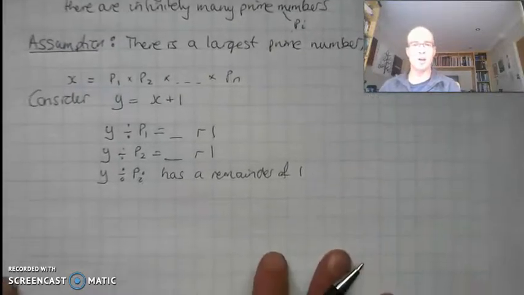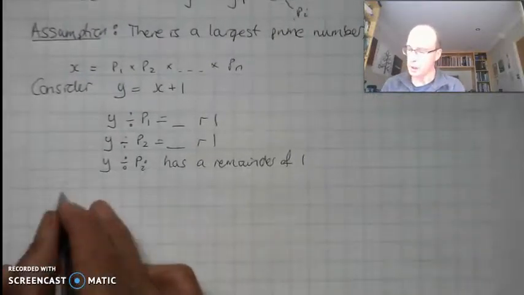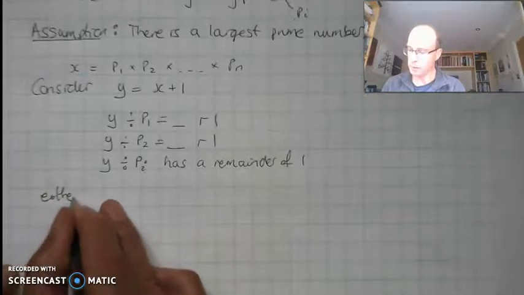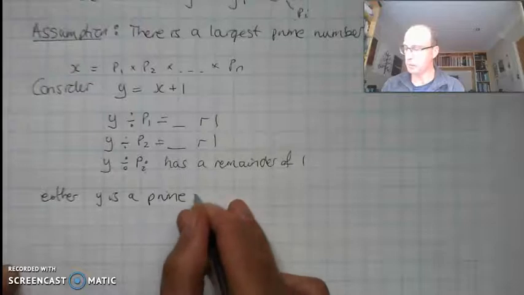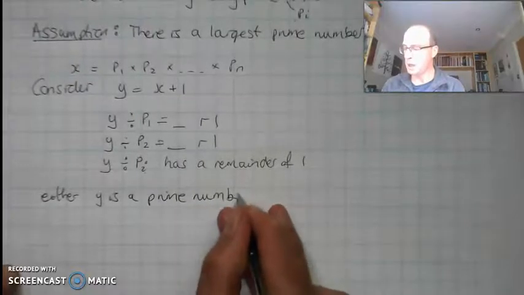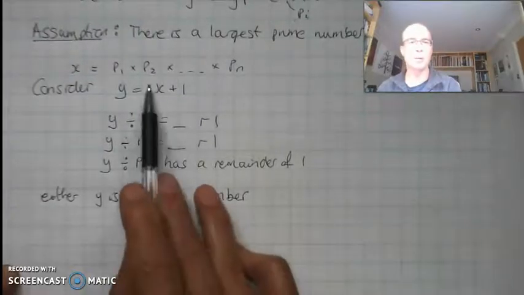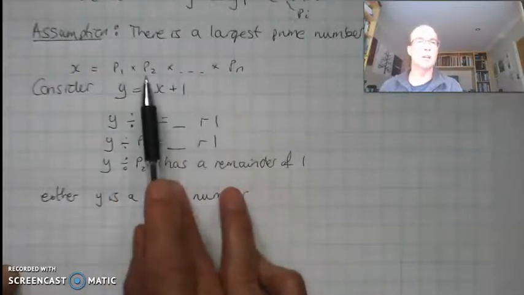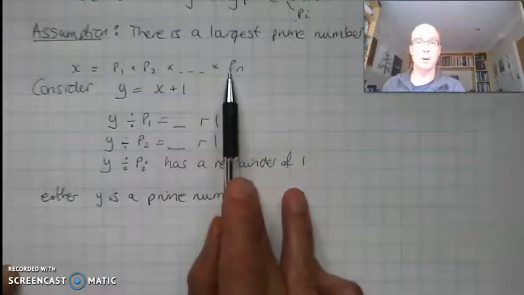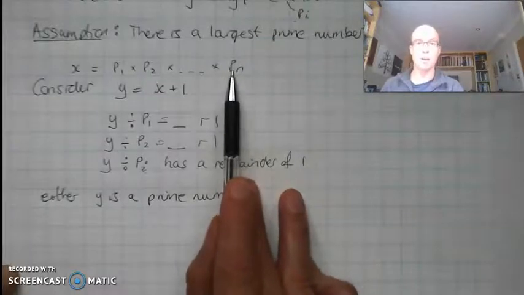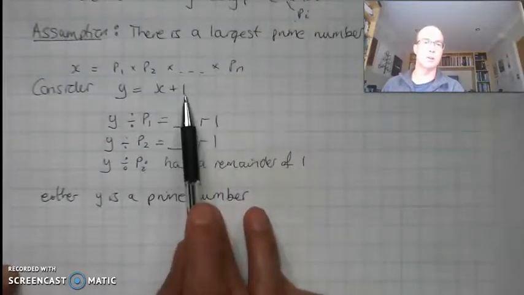Now that means one of two things. Either y is a prime number, in which case we have a look at how big it is. Well, we've taken all of these primes, they're all bigger than 1, and I've multiplied it by Pn, which is supposed to be my biggest one. So y is going to be a lot bigger, and then I've added 1 onto it as well.